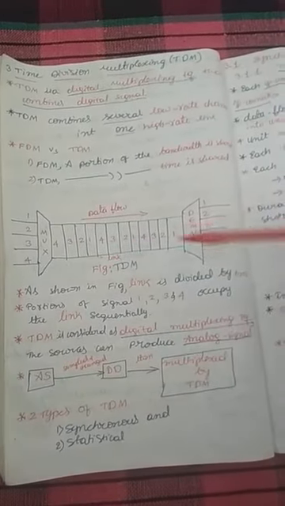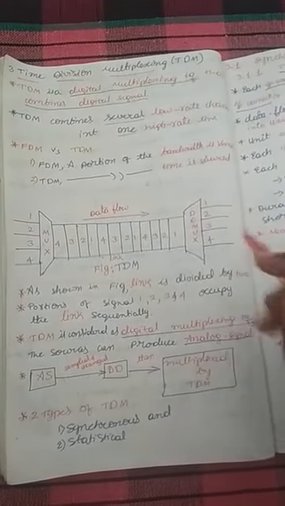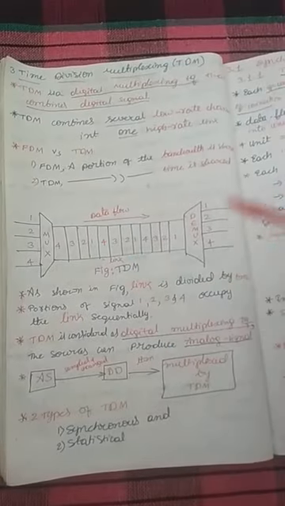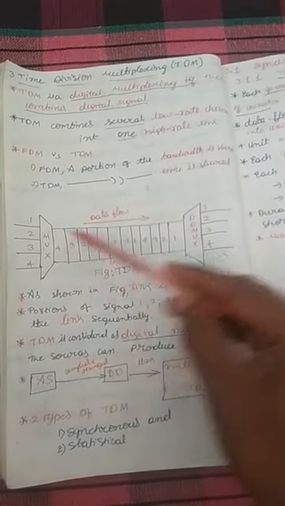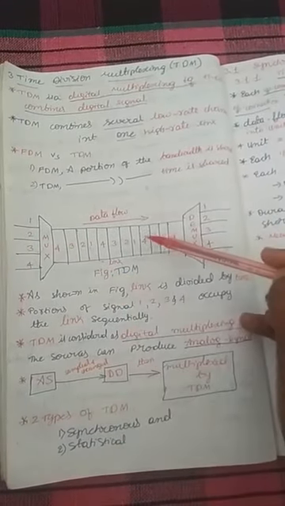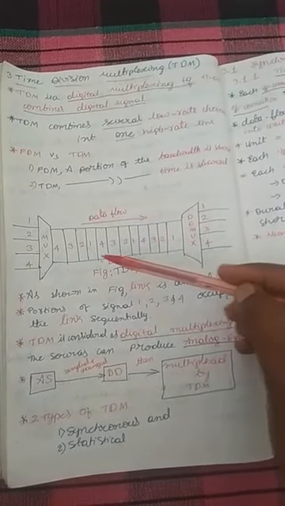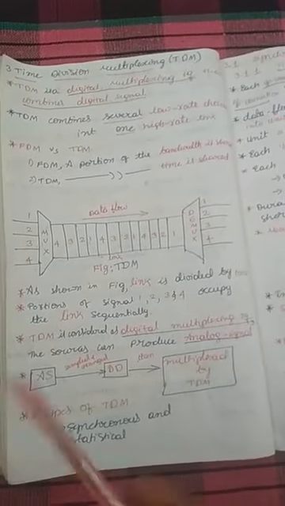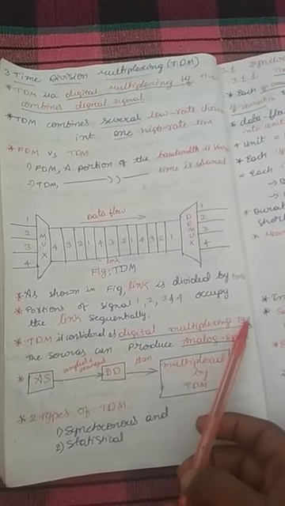In detail we'll discuss later. For understanding keep this concept here. What is sequence? First year, second year, third year, fourth year, like this we are going to keep the data in sequential order. TDM is considered a digital multiplexing technique.